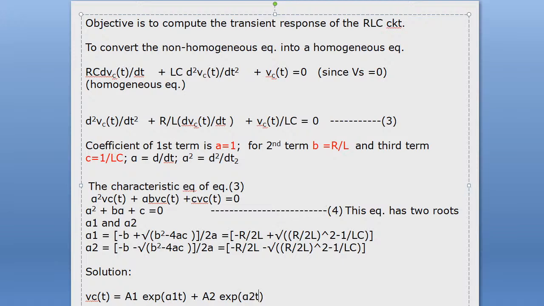Everyone look at the solution of the homogeneous equation. This solution is nothing but the transient response of the circuit in terms of voltage, the transient response of the RLC circuit. And we know the values of alpha 1 and alpha 2.